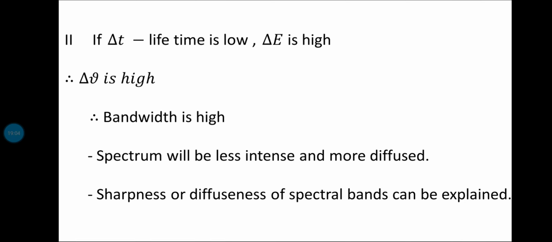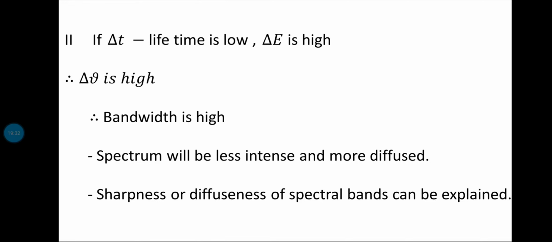And similarly, if delta t lifetime is low, delta E is high. If delta E is high, delta nu will be high. Why? It is directly proportional. So if delta nu is high, bandwidth is also high.